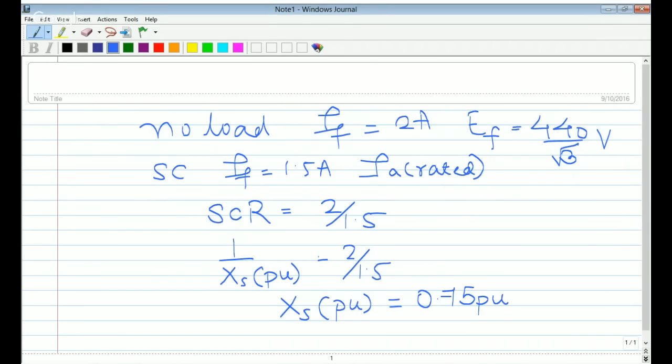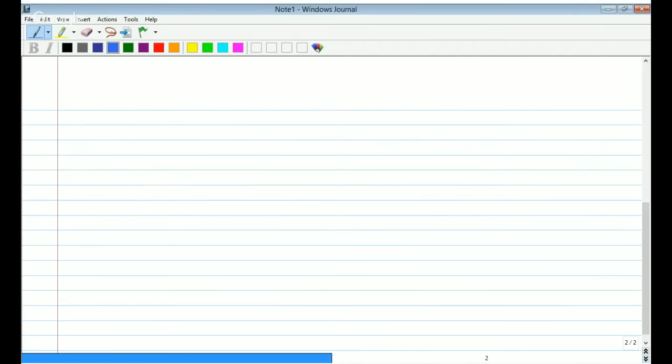From this synchronous reactance, I can calculate Xs in ohms, or let us rather solve in pu only and convert to ohms later. So I know Xs is 0.75 pu. Now it is asking the IF required when the machine is delivering rated load at rated voltage at 30 degree lead.